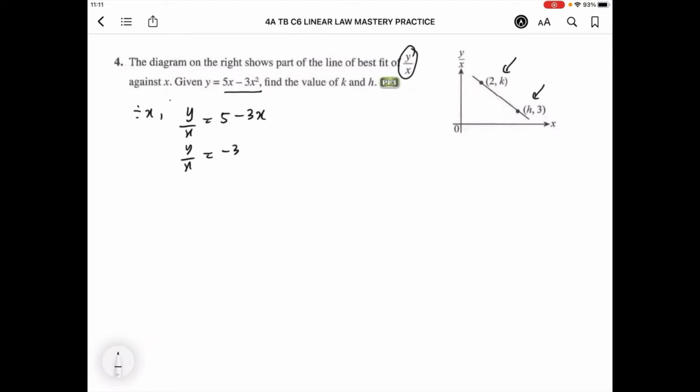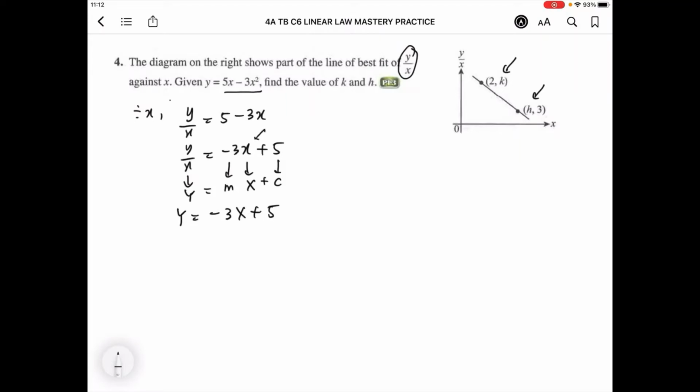Now you can see clearly that this is your big Y, this is your gradient, this is your x, this is your c. So big Y is now minus 3x plus 5. Now notice, by replacing y over x with big Y, and your small x here with big X, I've got the linear form.